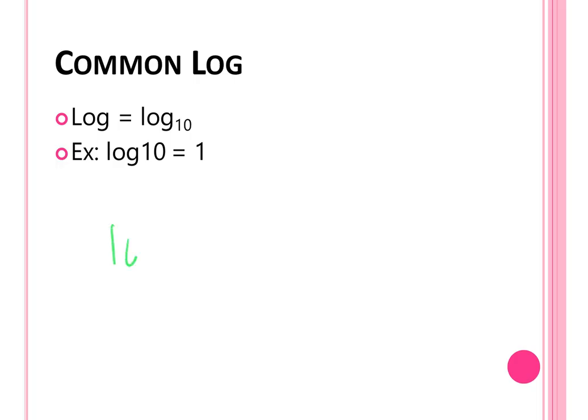Okay, which means log of 10 is equal to 1 because log is log base 10 of 10. So remember, we're asking ourselves, what power can we raise this to get to this? Well, 10 to the first is 10. So if the numbers next to each other are the same, my answer is 1, because that would be raised to the first power to get to the other.